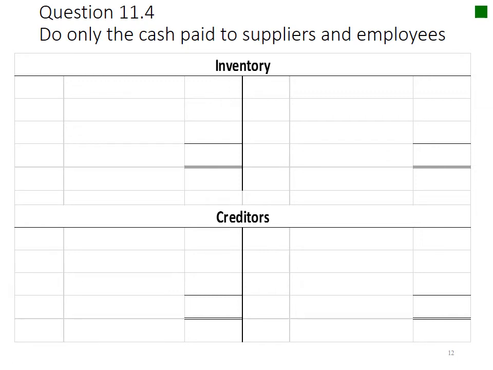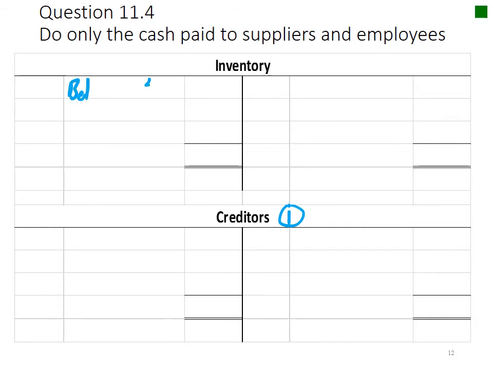Okay, so in order to calculate the cash paid to suppliers and employees, we have to do two calculations. The one is to work out how much was paid to creditors for purchases made during the year. And we're also then going to work out what are cash operating expenses that were paid during the year. But the first thing we need to do is just put in the opening balances.